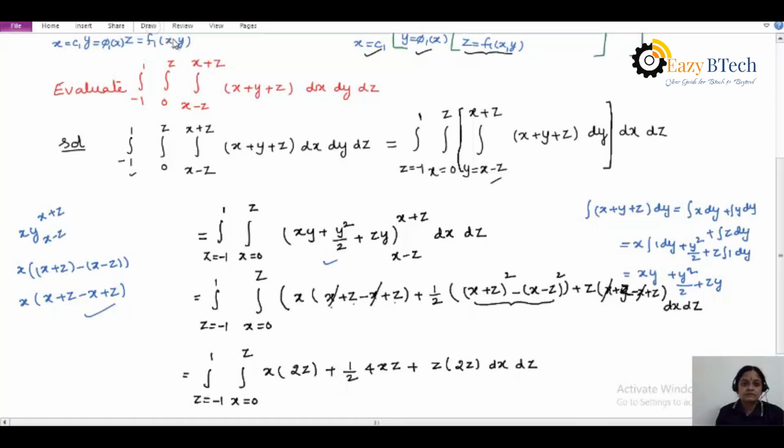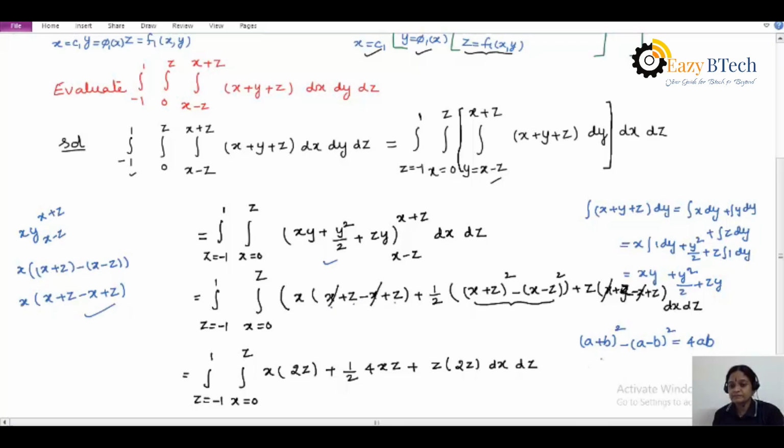Okay, so how you will get 4xz here? So here if a plus b whole square and minus a minus b whole square is equal to 4ab, or you may expand this x plus z whole square and x minus z whole square values using these two formulas, then you will get the value as 4xz.